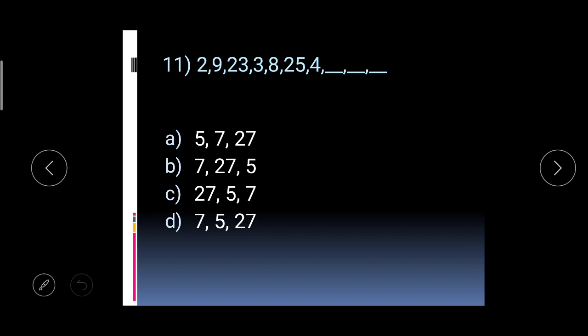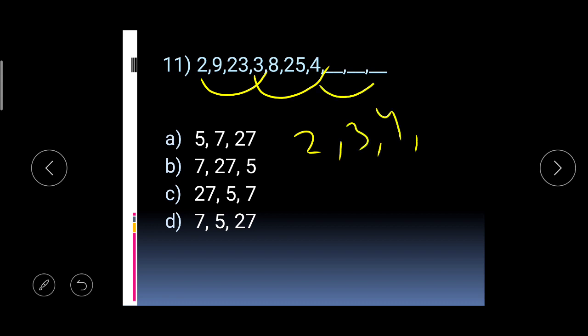Let's form the 3 series. How to form? First, 2, and then just leave 2 terms, and then 3. Again leave 2 terms and 4, right? So our first series is what? 2, 3, 4, and we have to fill this term here, right? The last term will go here.